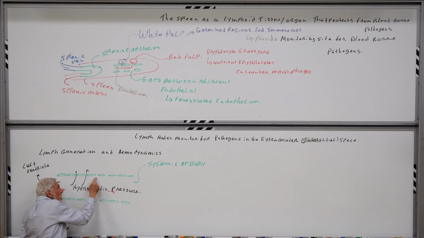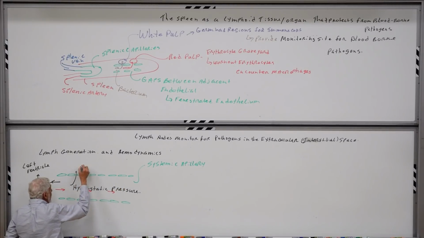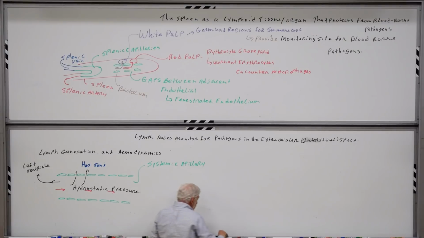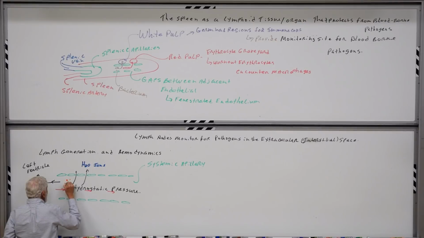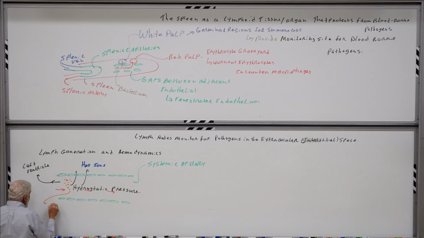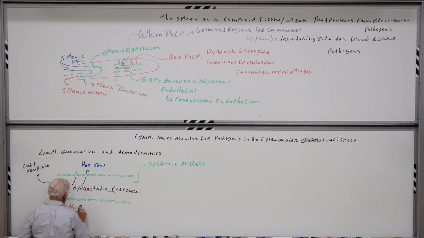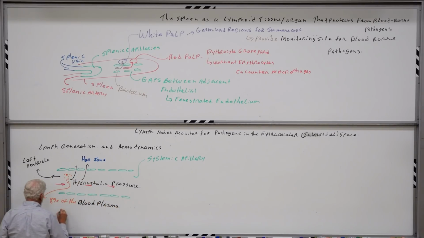The gaps between the endothelial cells are so small that pretty much the only thing that's able to get through those narrow spaces is water and ions. But you remember from our initial discussion of blood that something like 8% of the blood plasma was protein.